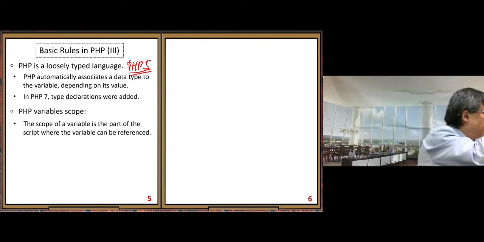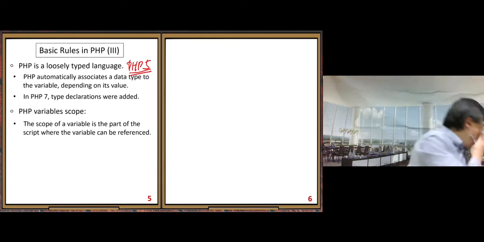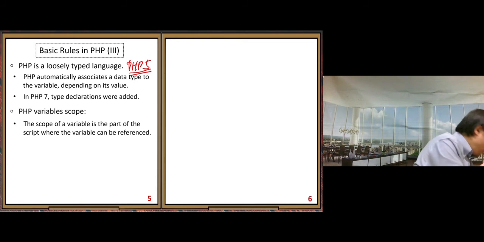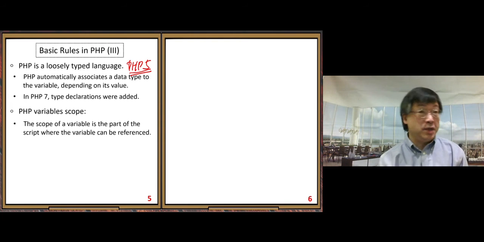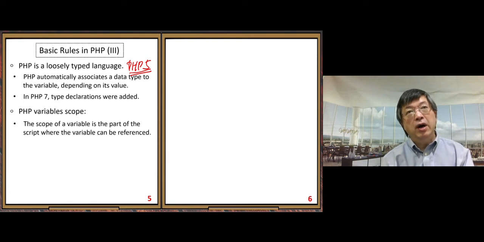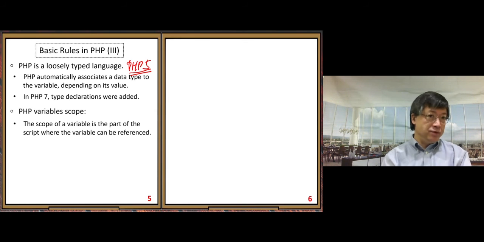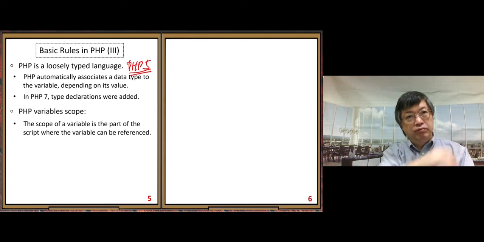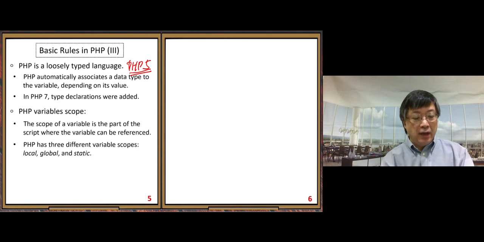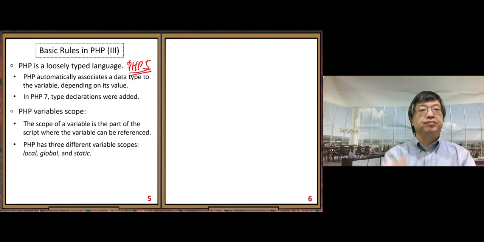If you get out of the scope, you cannot use that variable anymore because it is out of scope. So that's the reason we need to understand this concept well, so we know the right way to use different variables. So let's look at how many different types of scope we have. Three different variable scopes.